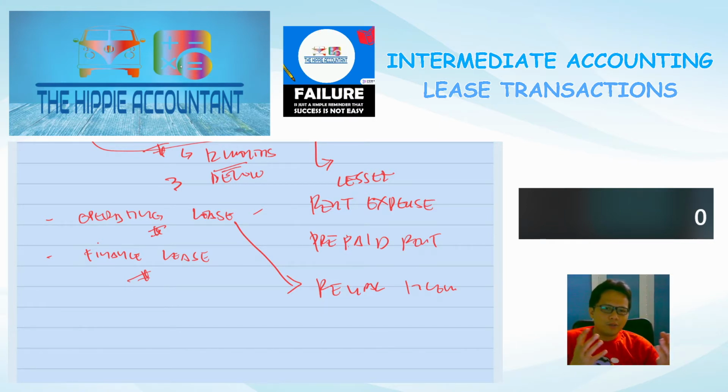Sa operating lease, normal rent. Pagdating sa finance lease, kumbaga, kung titingnan natin, renta lang siya talaga. However, in substance, parang binigay na ni lessor yung subject of the lease kay lessee. Kaya tinatawag siya finance lease.